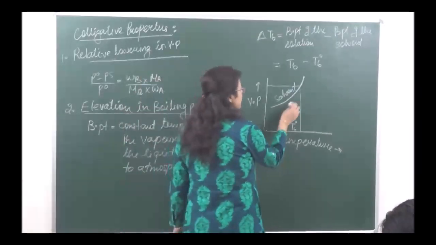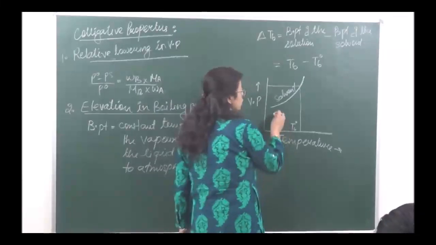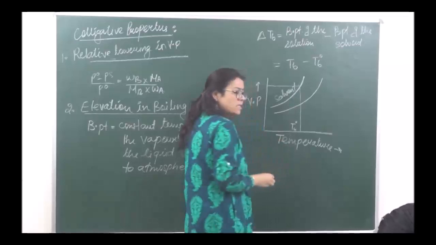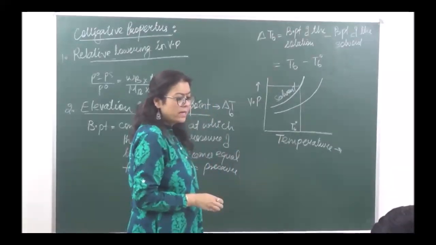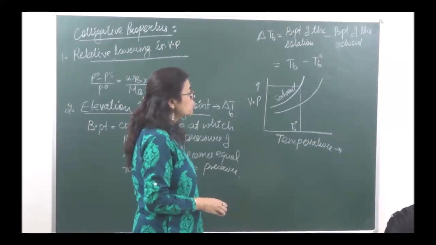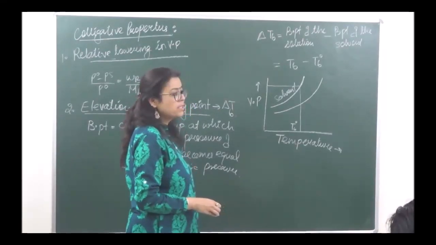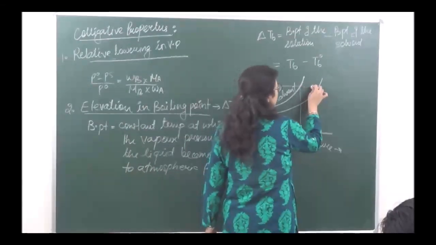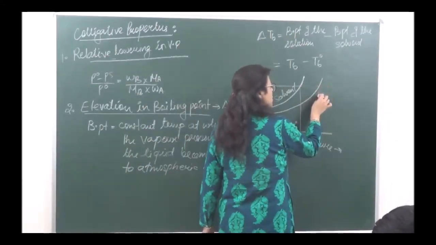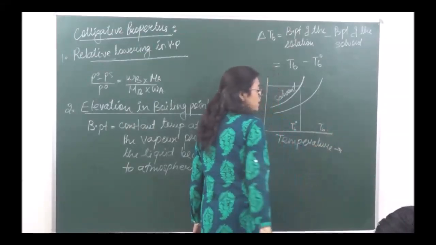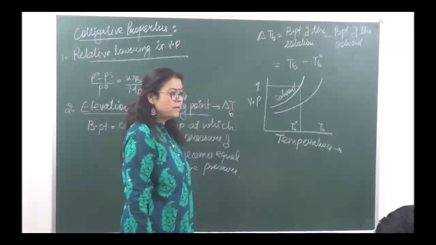Okay, and then when we add a non-volatile solute, the graph comes like this. Again for the vapor pressure of the solution, with temperature the vapor pressure is going to increase. Now the temperature at which the vapor pressure becomes equal to atmospheric pressure is going to be Tb.